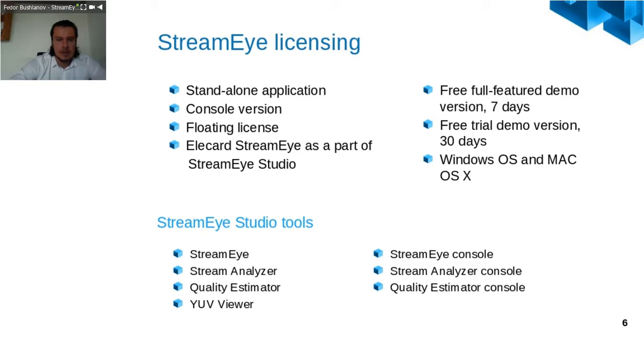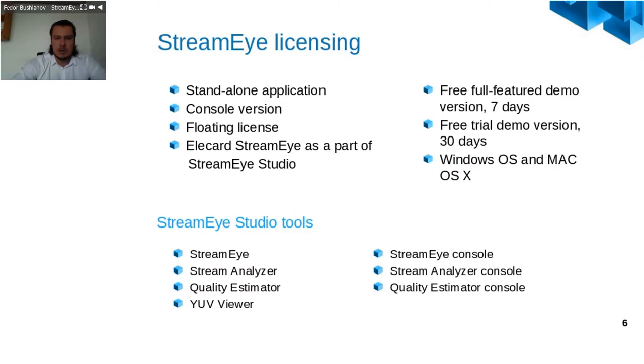Basically, most of the windows we can zoom in and see all the details, all the pixels, even on monitors with lower resolution. My monitor has Full HD resolution, but I'm able to work even with 4K videos in StreamEye. I just use the zoom button. That's not that convenient, of course.